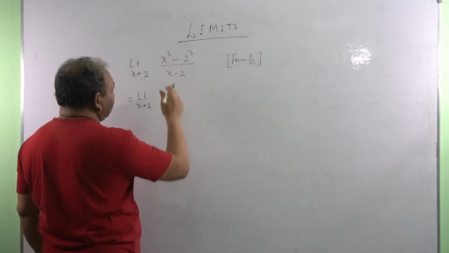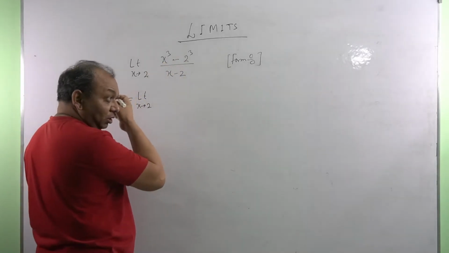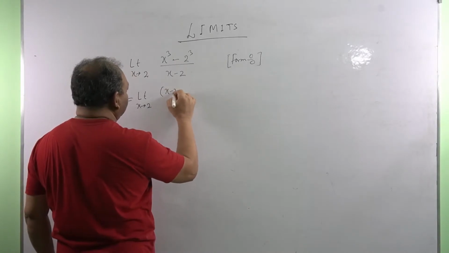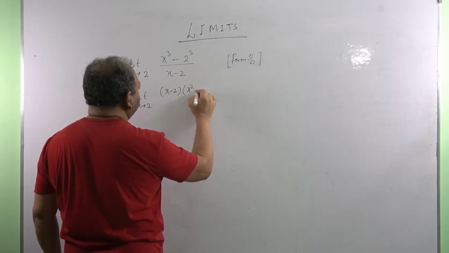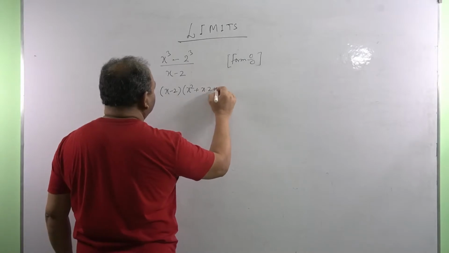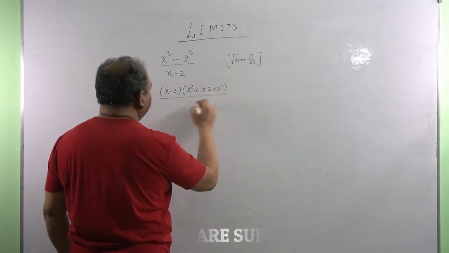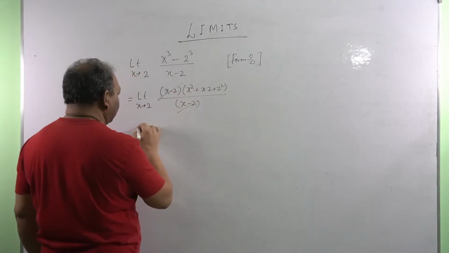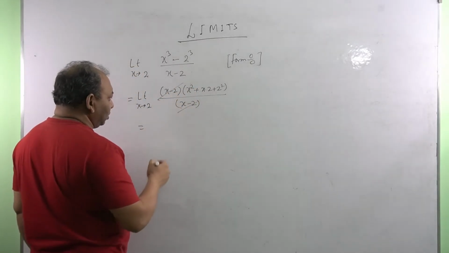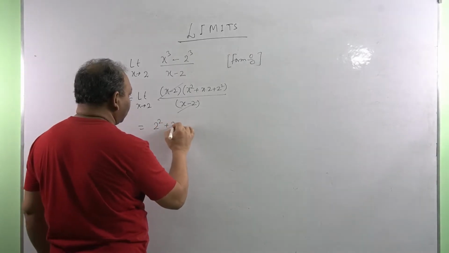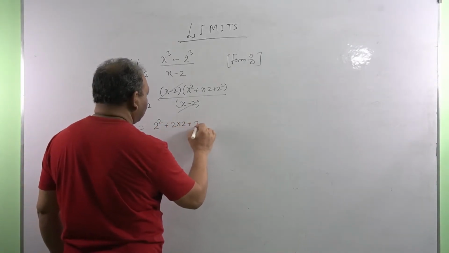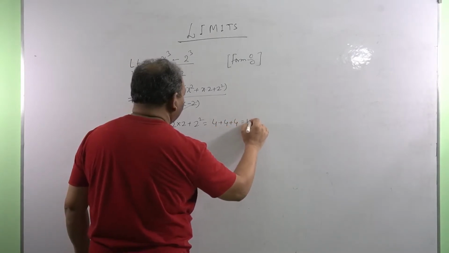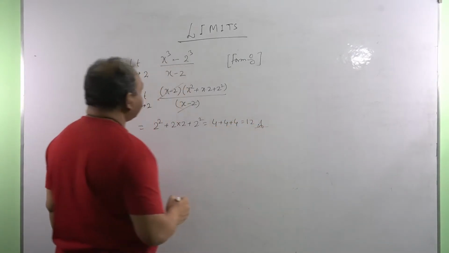This is of the form a cube minus b cube, so (a minus b) into (a square plus ab plus b square). This can be written as (x minus 2) into (x square plus 2x plus 2 square) divided by (x minus 2). The (x minus 2) cancels out. Now substitute x equal to 2. So 2 square plus 2 into 2 plus 2 square, that is 4 plus 4 plus 4, 12. 12 is the required answer.